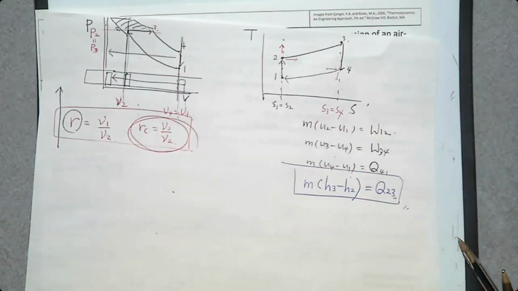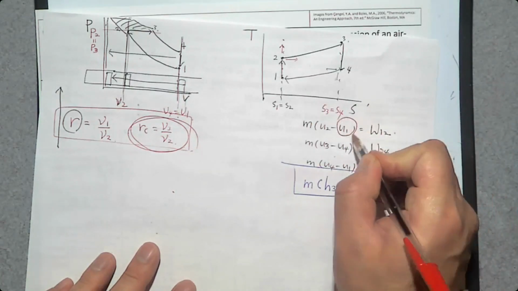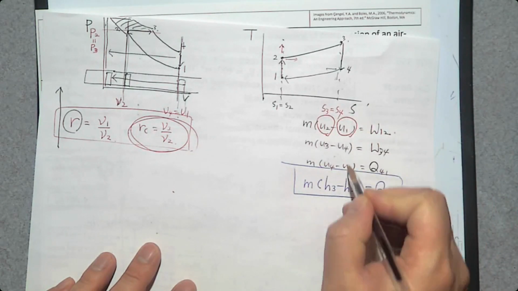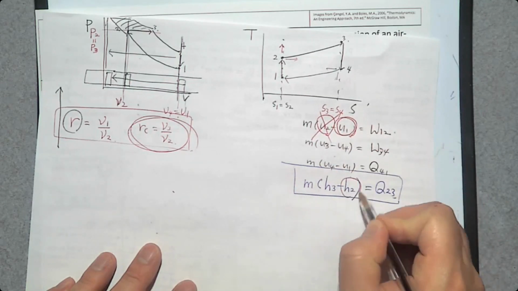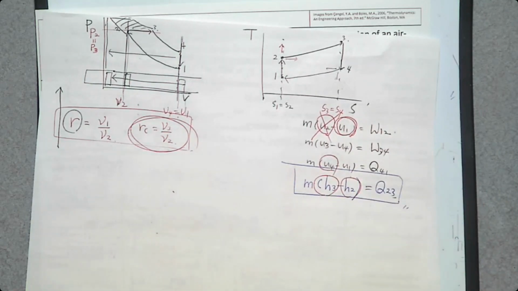So the energy balance equation, the problem is this h2 and h3. So we are going to find h2, h3, and the other properties are going to be u. But you don't have to find u1, u2, u3, u4, h2, h3. You just need to find u1, h2, h3, u4.